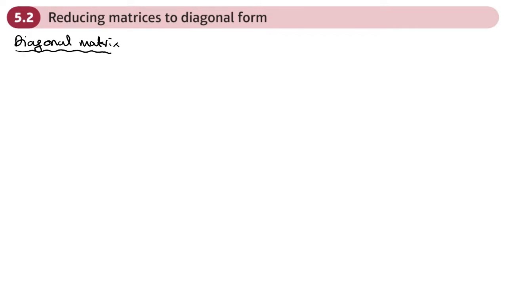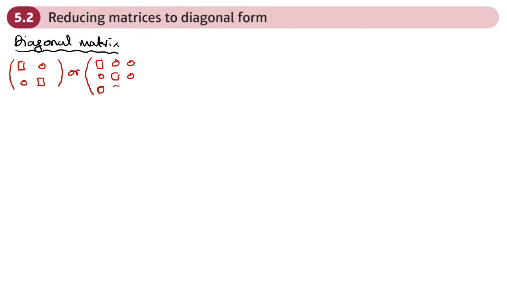Well, basically a diagonal matrix is one where all of the elements, apart from those along the leading diagonal, are zero. So where I put these boxes, that's where you'd have non-zero elements, but everywhere else you would have zeros.